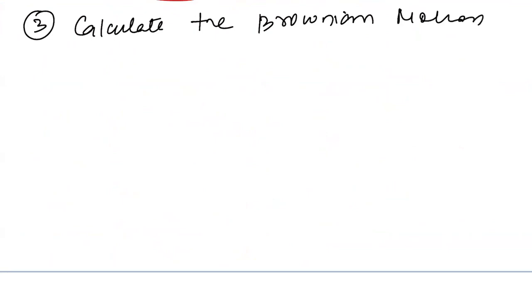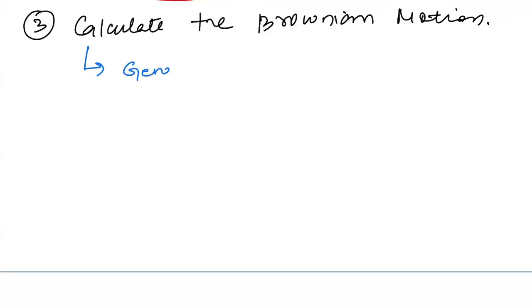As we know, Brownian motion is nothing but randomness. During the start of the lecture, I told you we generate a large number of random variables.